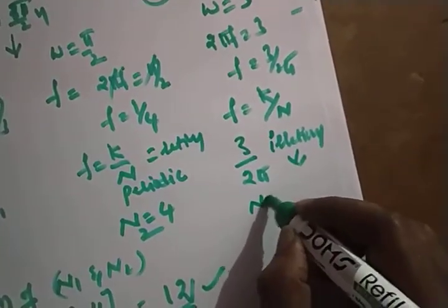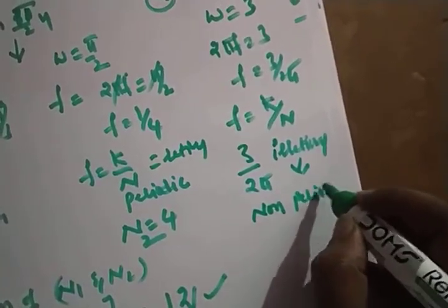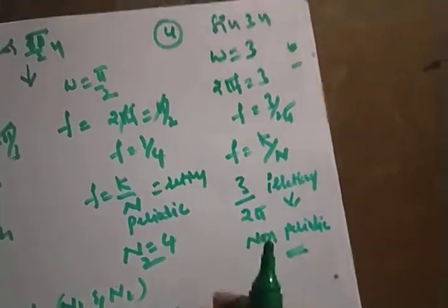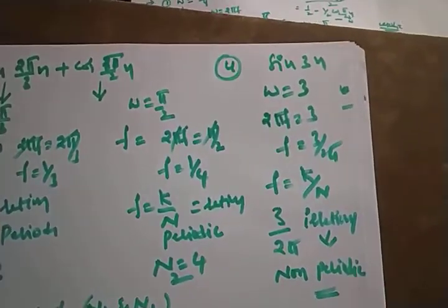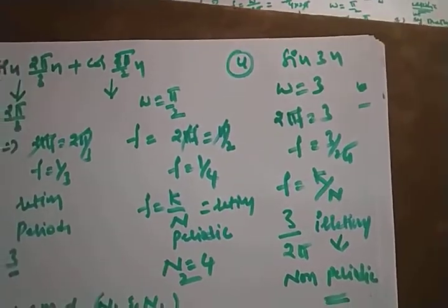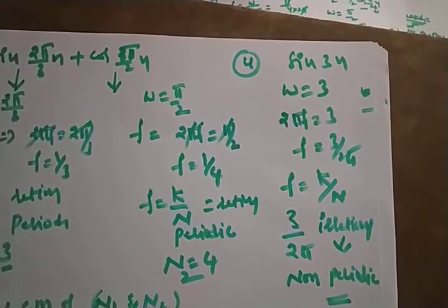It is a non-periodic signal. If the signal is non-periodic, you don't need to find the periodicity or the time period of the signal. So in this way, you calculate whether the signal is periodic or aperiodic.